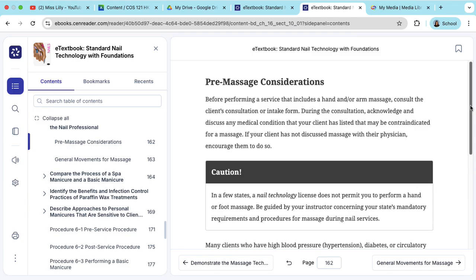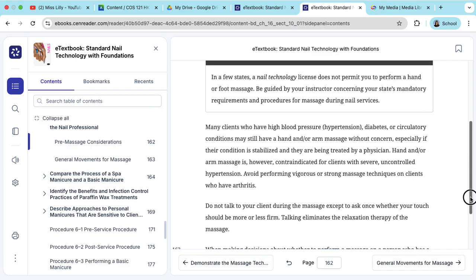Before performing a service that includes a hand or arm massage, consult the client consultation or intake form. Why? Because many clients who have high blood pressure, hypertension, diabetes, or circulatory conditions may still have a hand or arm massage without concern, especially if their condition is stable and they are being treated by a physician.